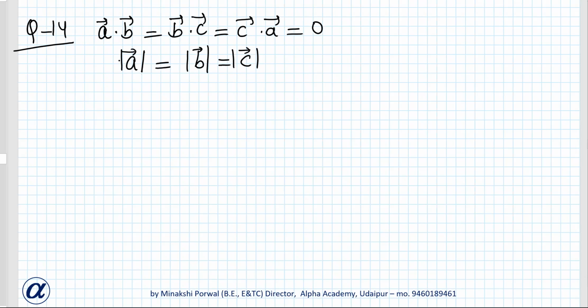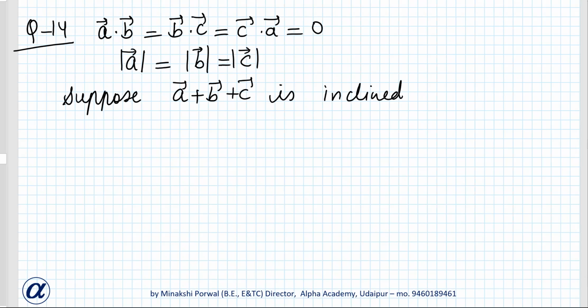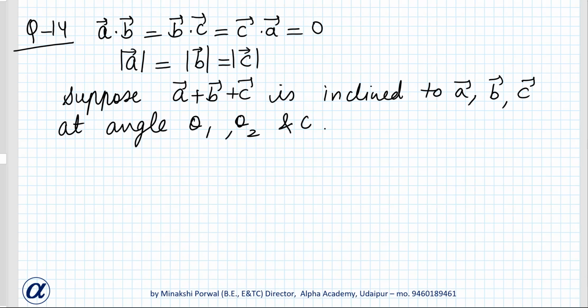Now, suppose vector A plus vector B plus vector C is inclined to vector A, vector B, vector C at angles theta 1, theta 2 and theta 3.